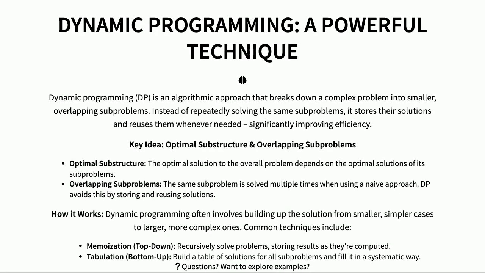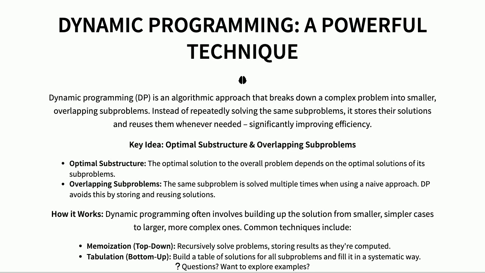Okay, let's talk about dynamic programming. It's a really clever technique in algorithms. Basically, it tackles big problems by breaking them down into smaller pieces that we've already solved and we don't have to solve them again. The key idea is that if you want the best answer to the whole problem, each of those little parts also needs to be the best possible solution.